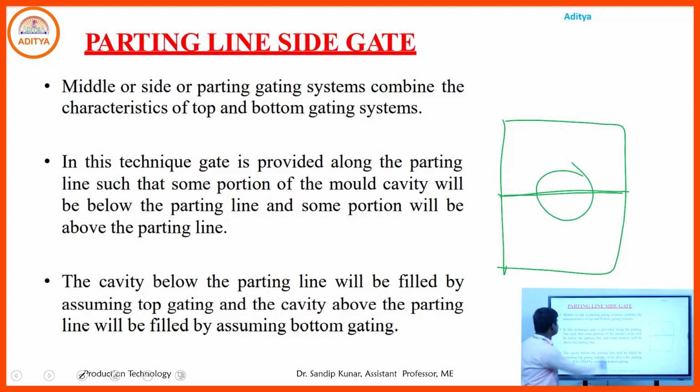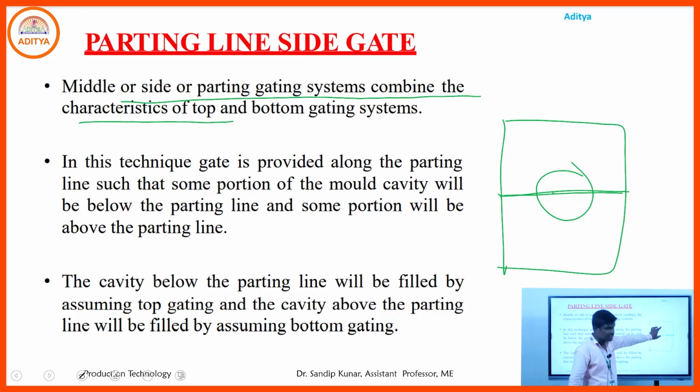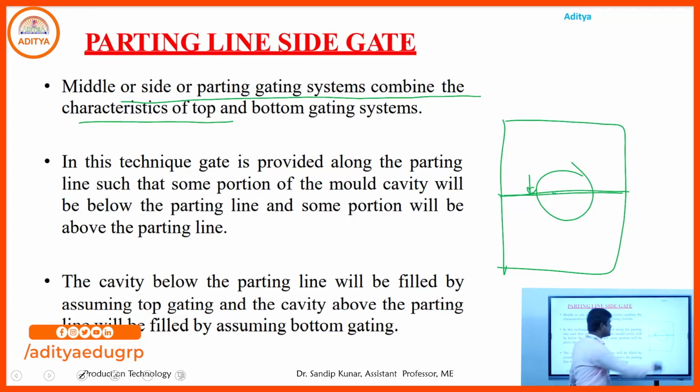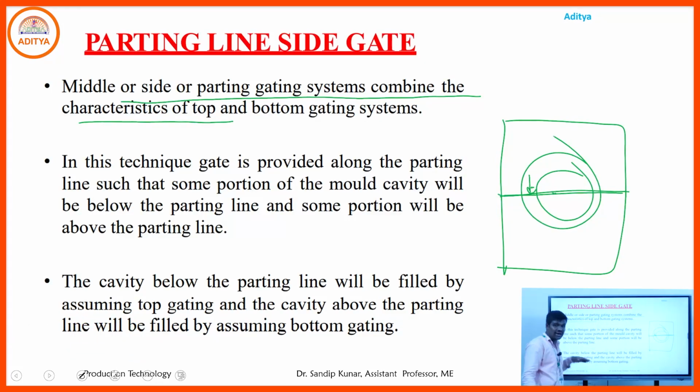Okay, means the middle or side gating system combines the characteristics of top and bottom gating systems. Means the upper part is the top gate, just above the parting line, and the bottom gate just below the parting line. That gets maintained along the parting line.